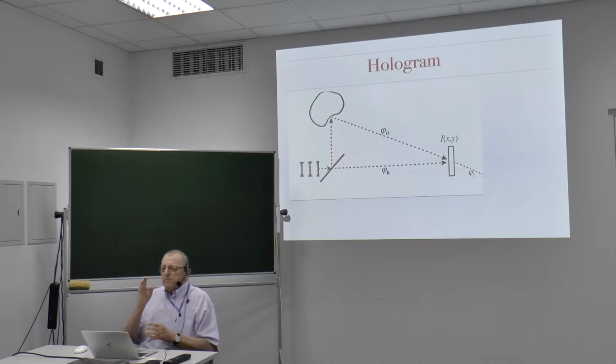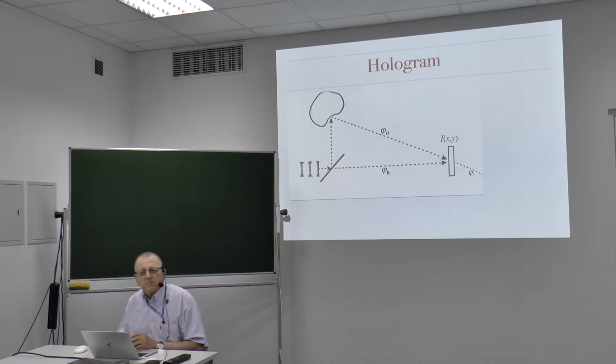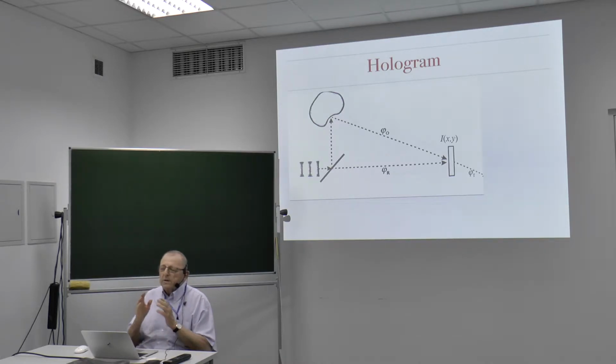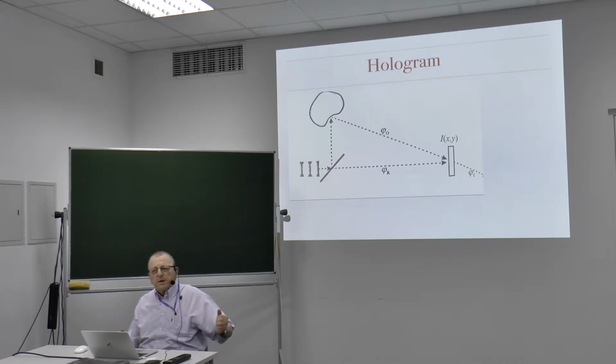So we get on a photographic plate the interference picture between the beam which went through and the beam which has scattered.